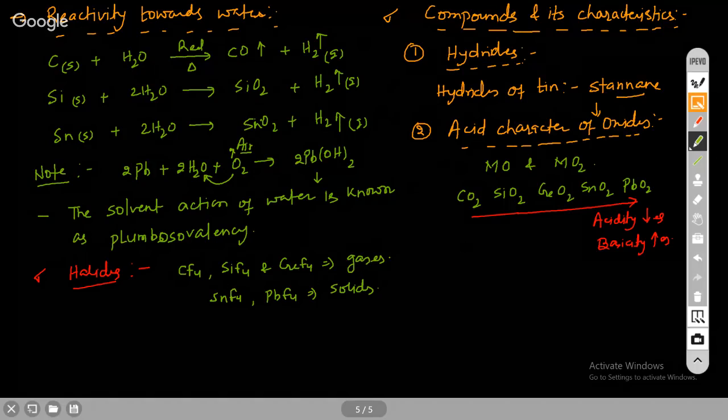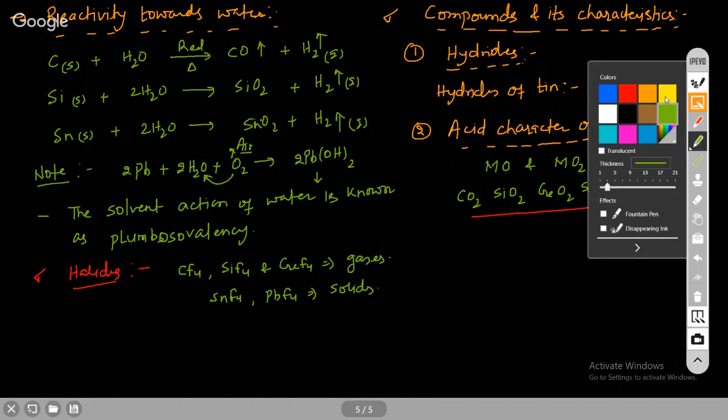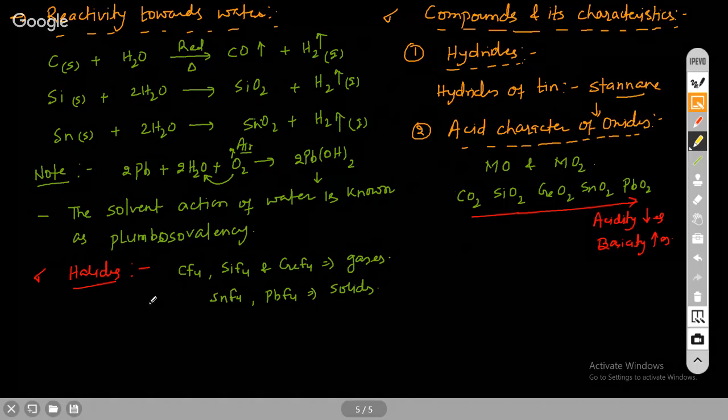Because these halides are covalent in nature, and because of their covalent nature, they are volatile gases. Not important, only the state is sometimes asked, gas or solid. These two halides have ionic character. This is also, you remember, ionic character.